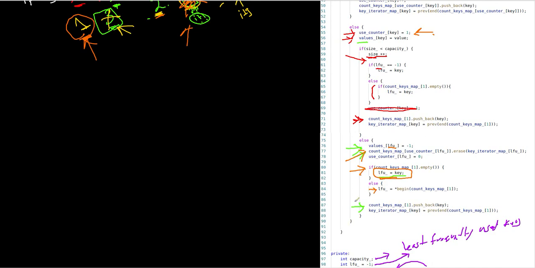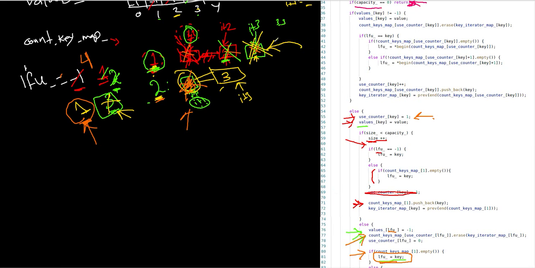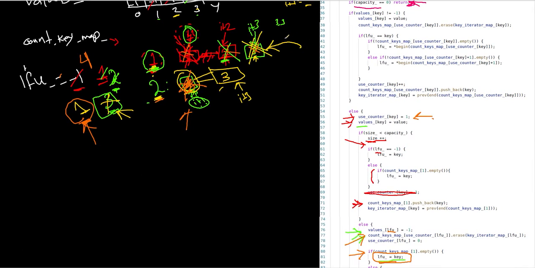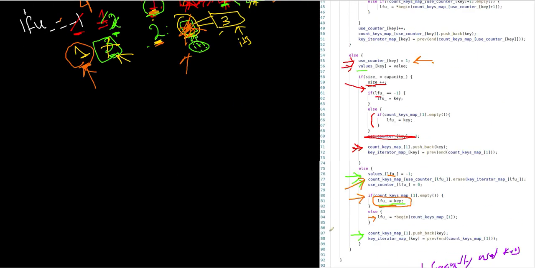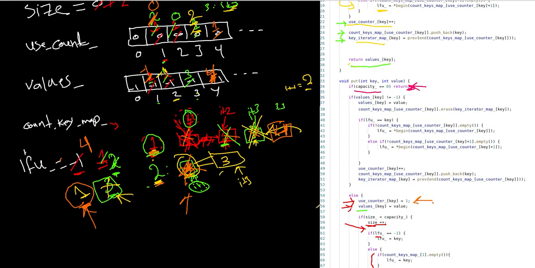Now count of keys of 1 push the key. So here we assigned a new node, which is 4, and the count for 4 is 1. Then we have key iterator. We need this pointer to this node 4.